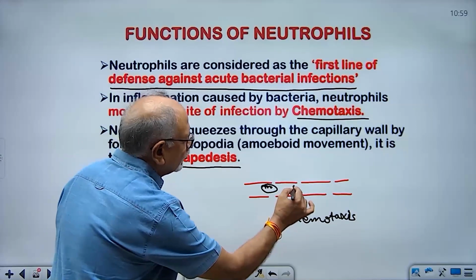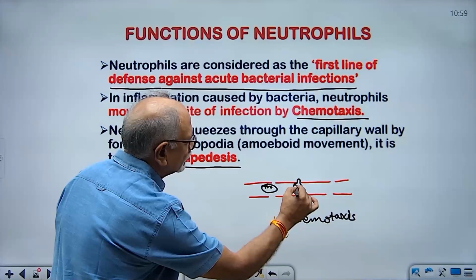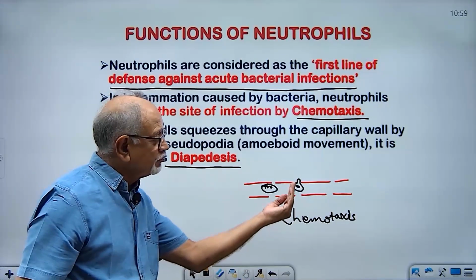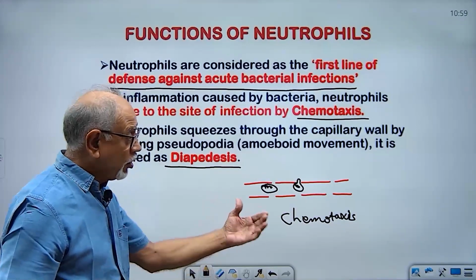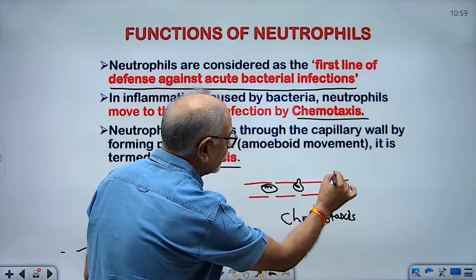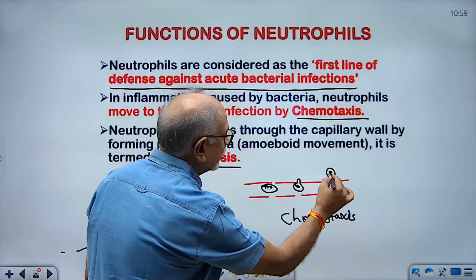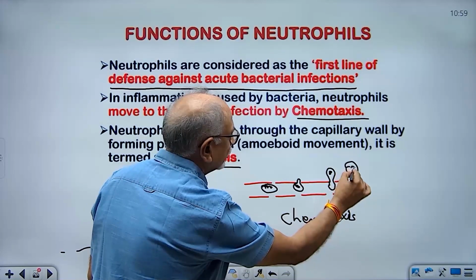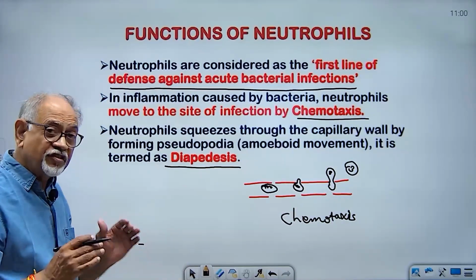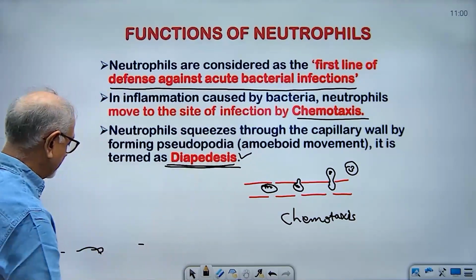This WBC will form a small pseudopodia and try to escape from this minute hole of the capillary onto the site of infection, and gradually this pseudopodia increases and the WBC reaches the site of infection. This special phenomenon is called diapedesis.